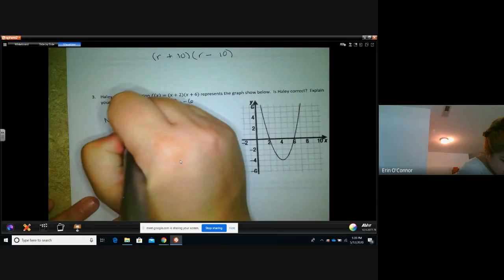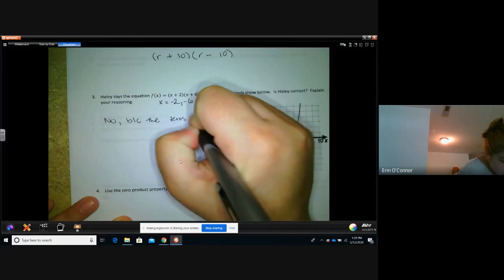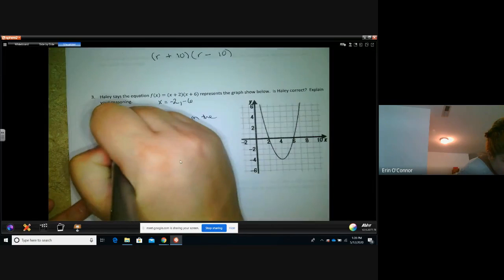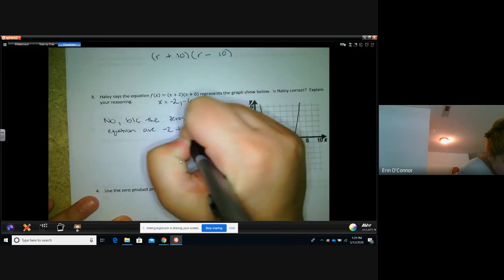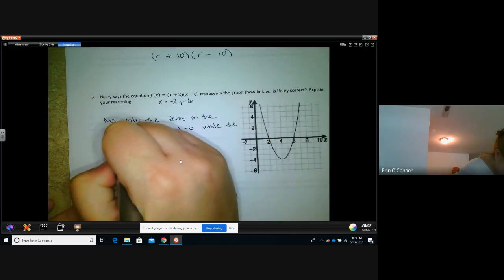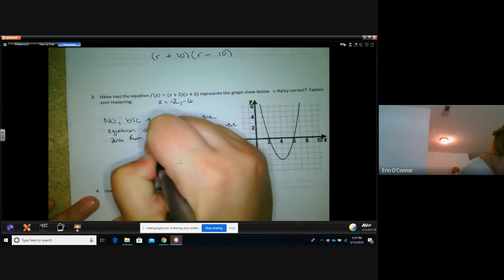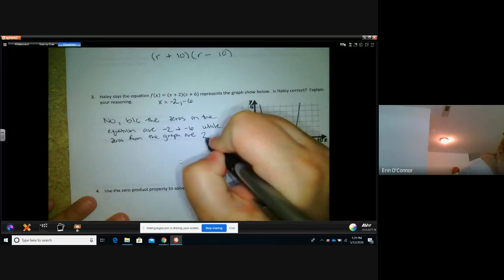No, because the zeros in the equation are -2 and -6, while the zeros from the graph are 2 and 6.